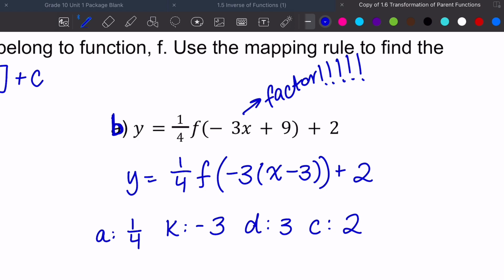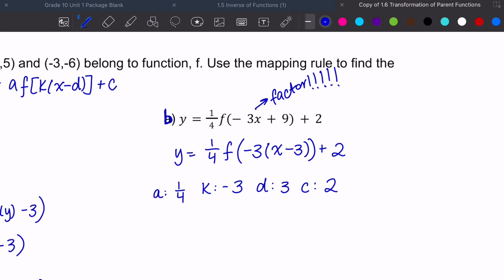Oh, so D, all it did was reverse it. Yeah, because I just did 9 divided by -3. Is this clear how I got these values? Yeah. All I did was factor out -3. So it's like I did -3x divided by -3, just leaves me with x, and same thing, 9 divided by -3 is just -3. Okay, I've got it.